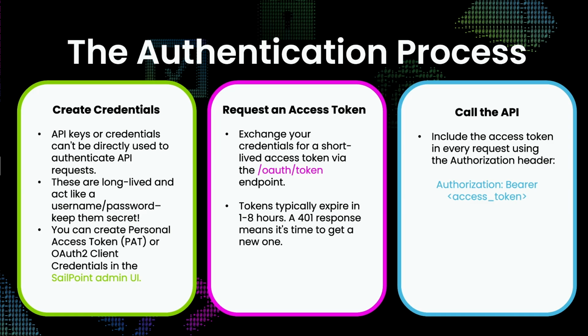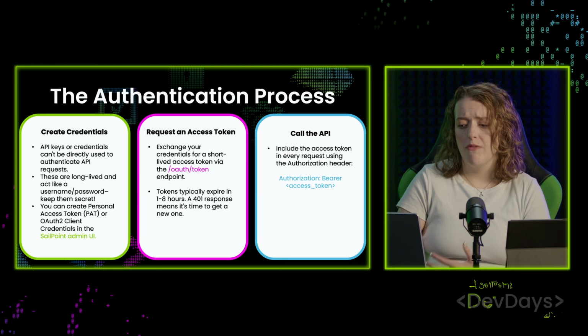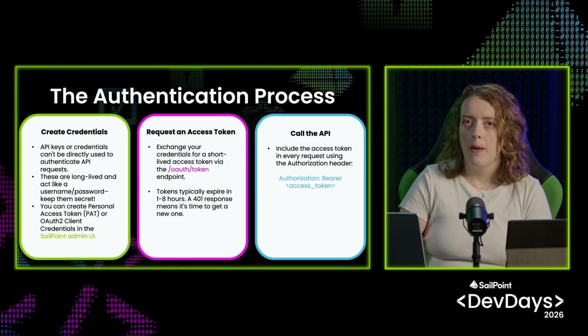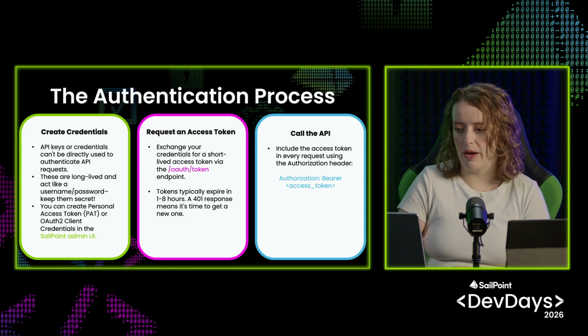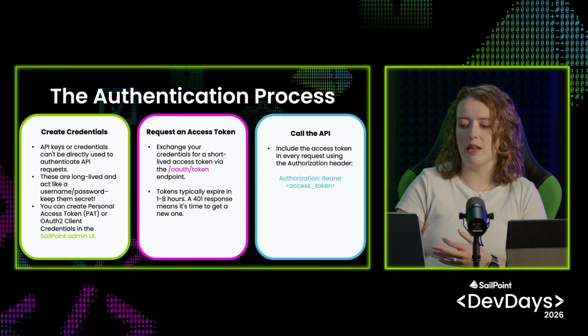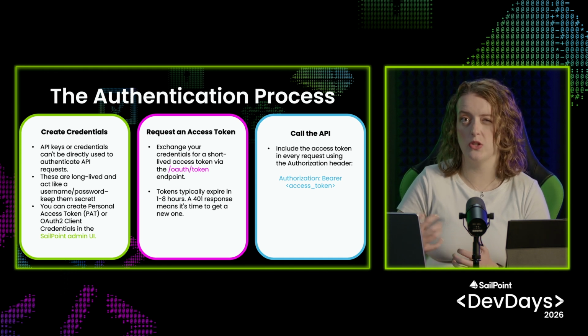This token is what goes in our authorization header, and it typically expires somewhere between 1 and 8 hours. The reason for adding this second step is security. If an access token leaks, it's going to expire soon. Our credentials, though, don't expire. We can revoke them if needed, but it's going to limit the blast radius of any sort of security leak.